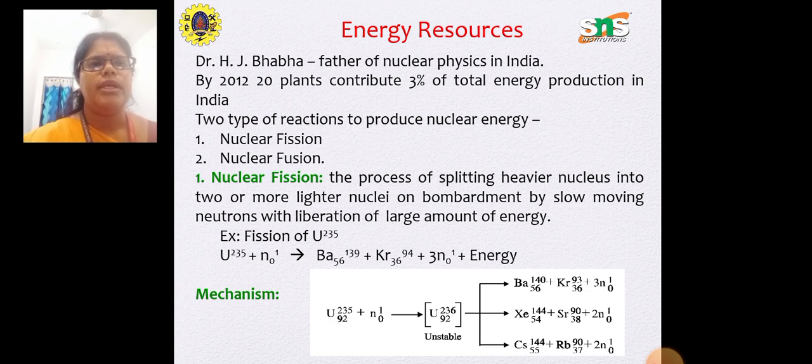It gives uranium 92 236, which is unstable, and this unstable uranium releases barium 56 140 plus krypton 36 93 plus 3 neutrons, and next is xenon 54 144 plus strontium 38 90 plus 2 neutrons, and next is cesium 55 144 plus rubidium 37 90 plus 2 neutrons.